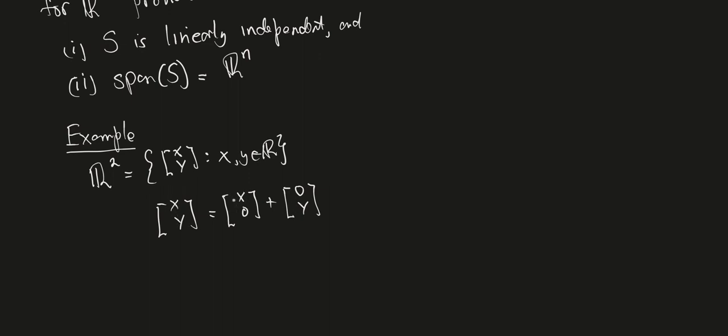So I'm keeping the first component as x, and then I'm making the second component equal to 0, and then for the second vector, I'm making the first component equal to 0, and I'm keeping the second component as y. Right? So it's almost like I've decomposed this single vector into a sum of two vectors, but I'm choosing them in a very simple, easy to understand way, just keeping each component in a separate vector.